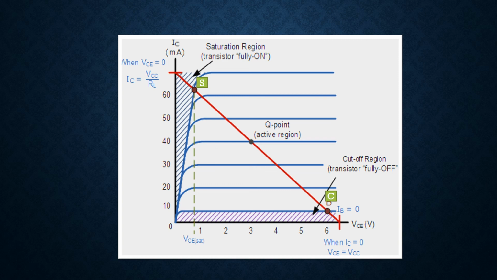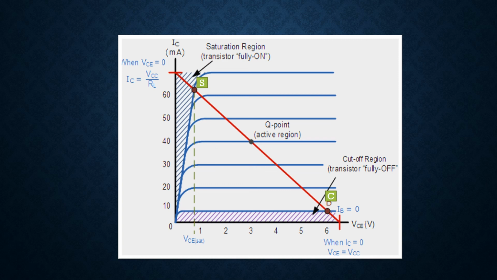Now here you can see in the saturation region we have got maximum collector current, which is equal to the collector voltage divided by the load resistance applied across the collector circuit. And here the voltage drop across the collector emitter is 0, because when maximum current is flowing then there is no voltage drop.